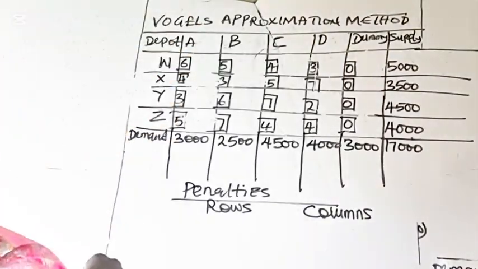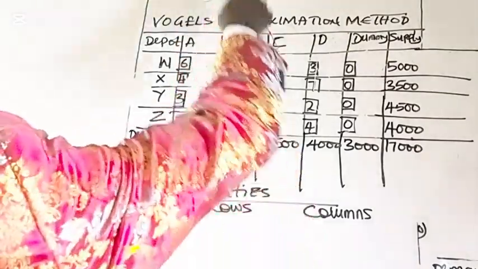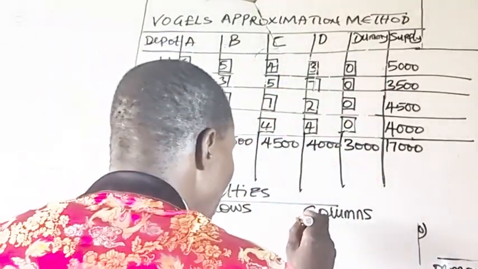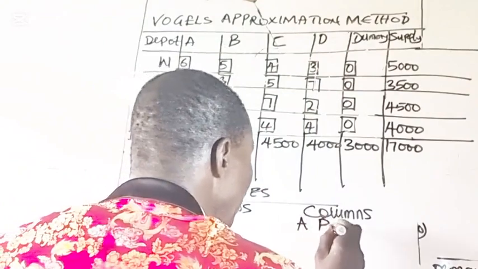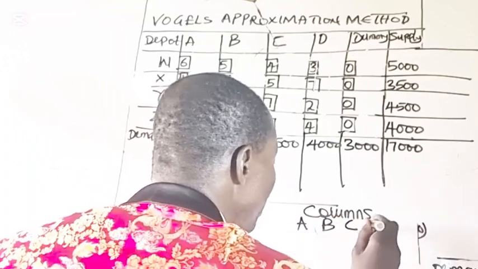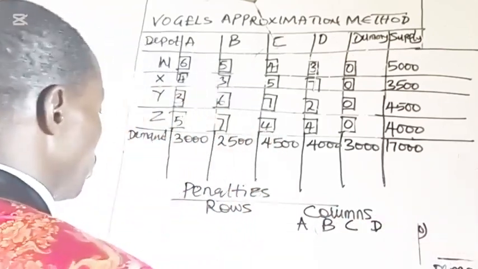Columns is vertical like this. A, B, C, D. That is columns.